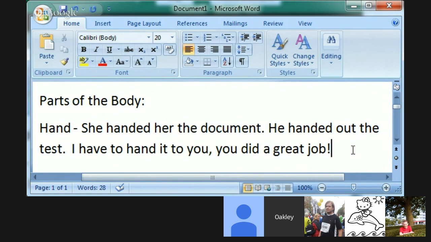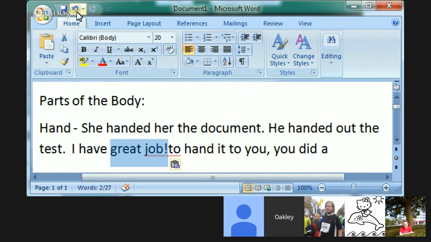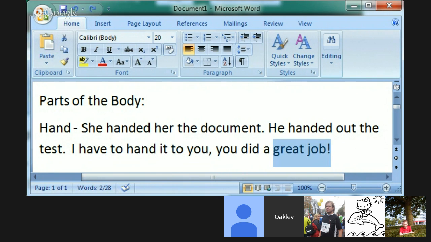No. Here we have the verb used in an idiomatic phrase. Have to hand it to someone. That's not quite it. Does anybody else know? Anybody in class? What is the idea here? Matus, Keiko, Heidi? Anybody have an idea what the meaning is here? No? Okay. Well, good. We'll learn it then.